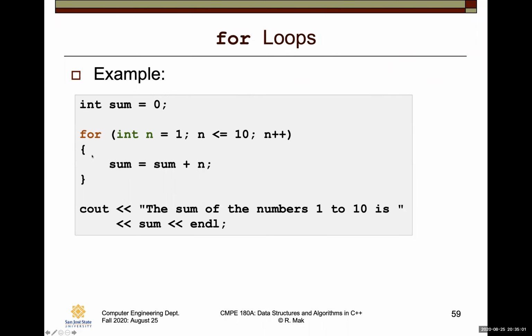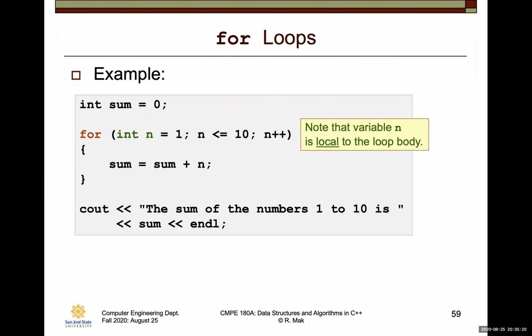And then the statement that makes up the body of the loop is sum gets the value sum plus n. Of course, because of the curly braces, we could have had more than one statement in here. All right, so this is a for loop.